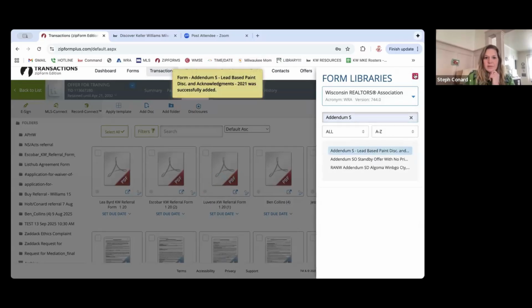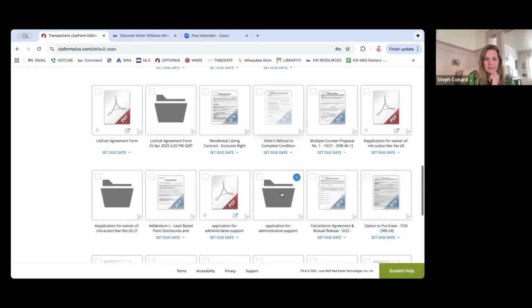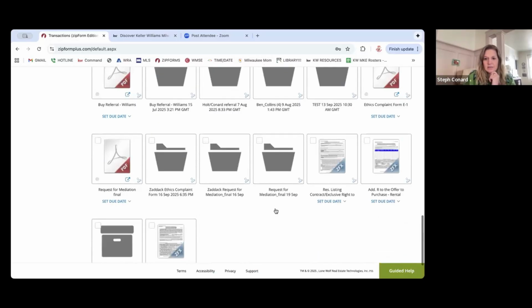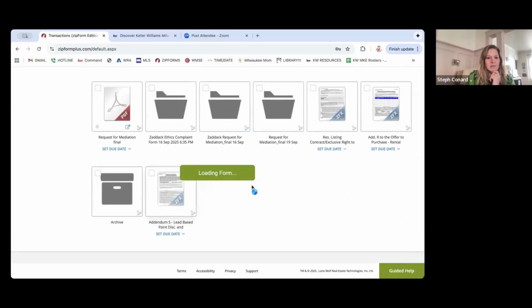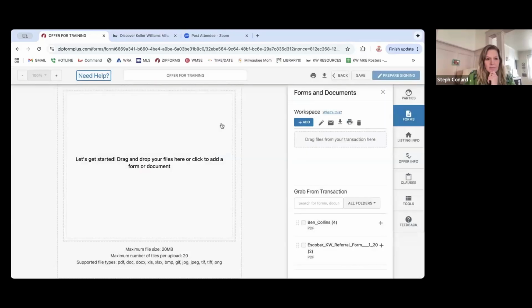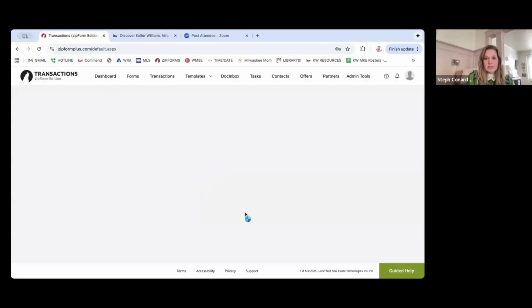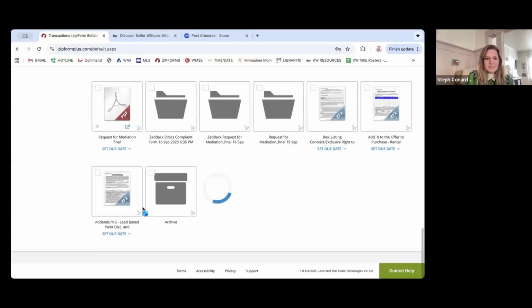Okay, so this is the lead-based paint disclosure. This is required for all properties built prior to 1978, and it is essentially disclosing the possibility of lead-based paint on a home before the guidelines were changed on paint. And so the existence of lead-based paint might be present.